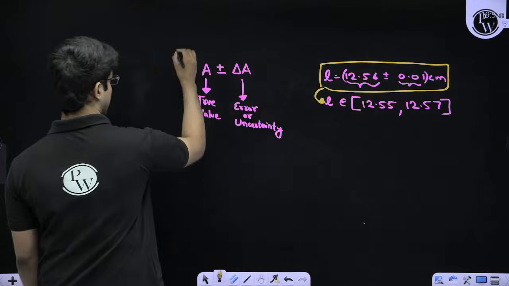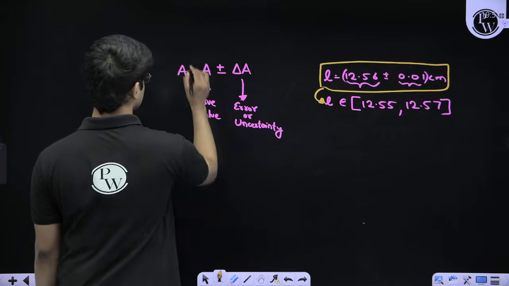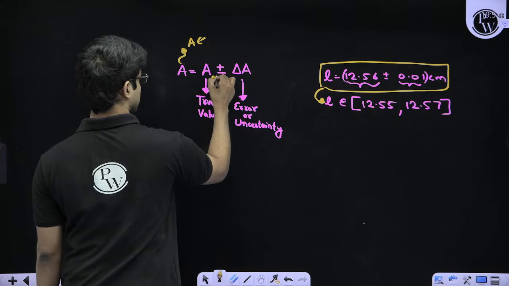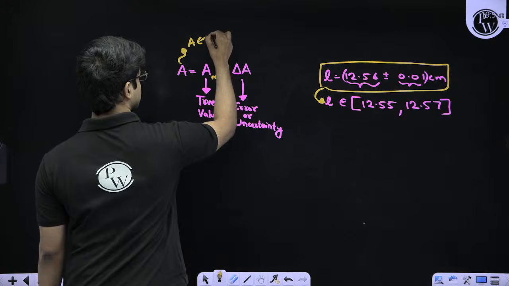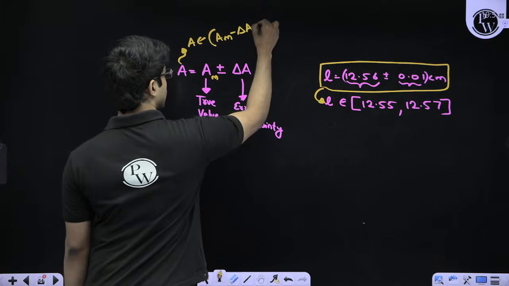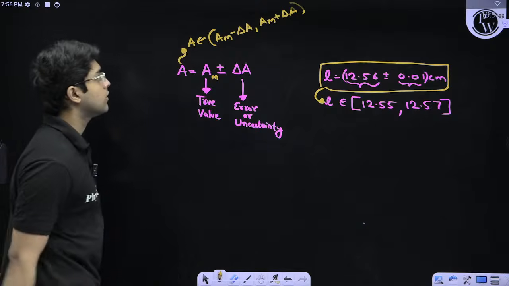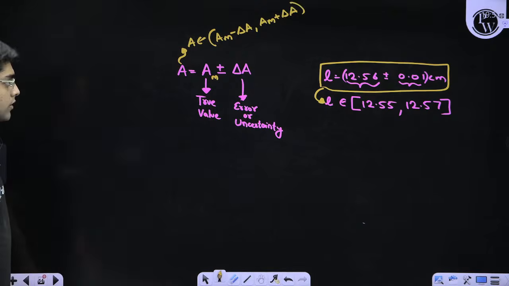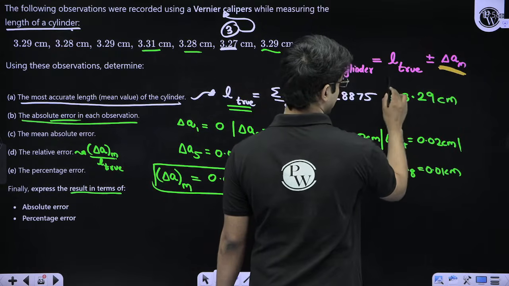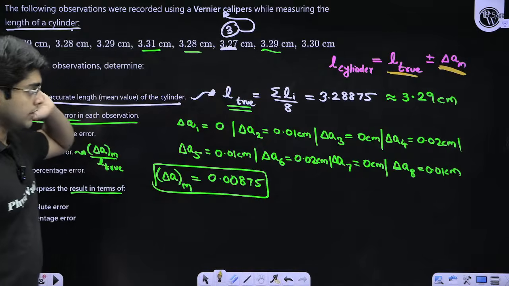So in this case, the actual value will lie between AM minus delta A to AM plus delta A. Okay. So here we will write the absolute mean error. Here we will write the true value that we got after taking the average.